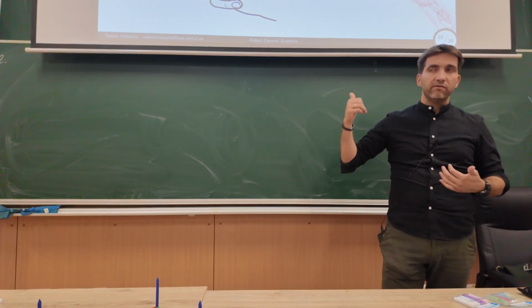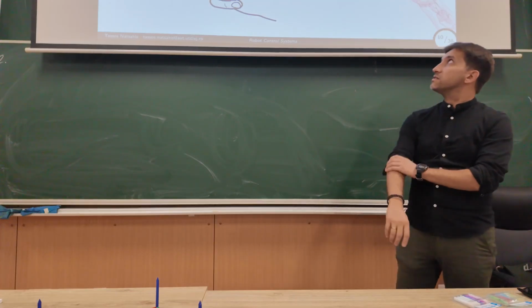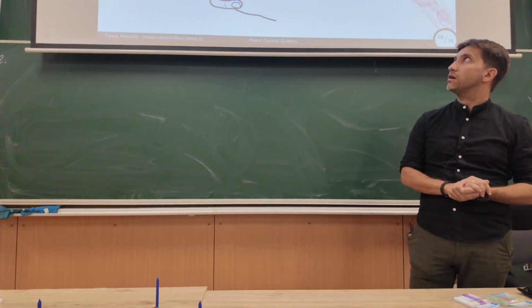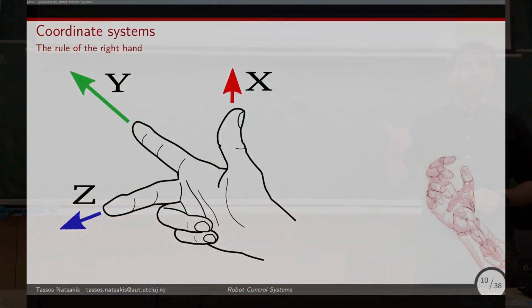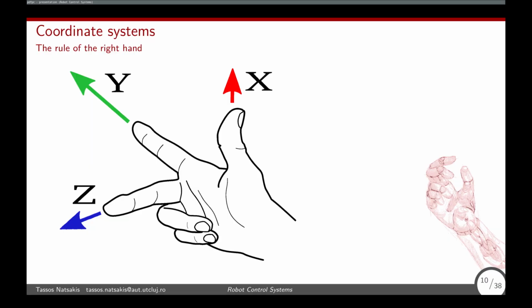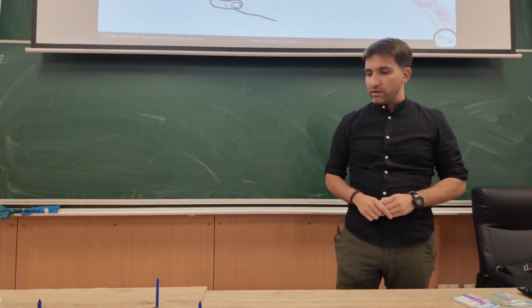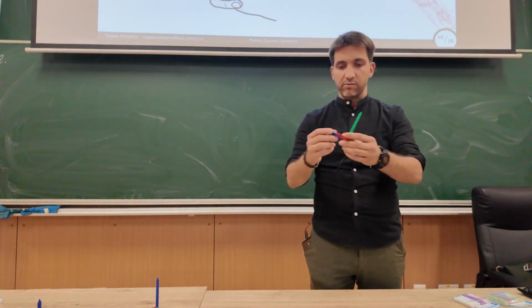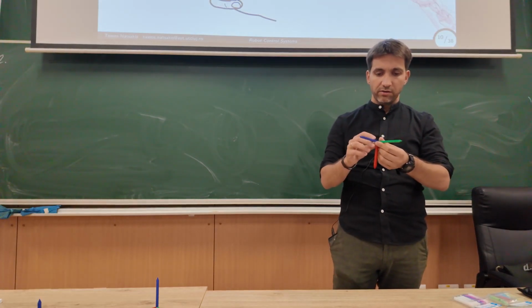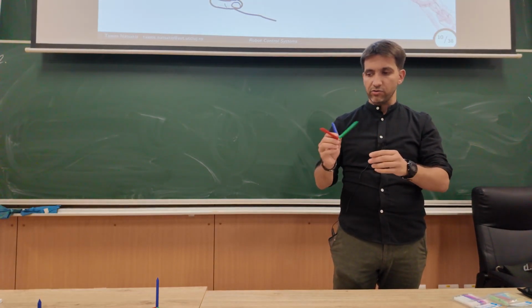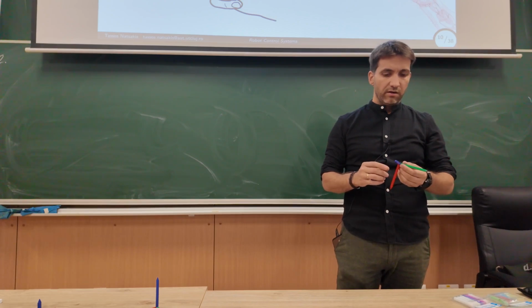A second convention hidden here a bit is the colors that we use. Typically in robotics we use red for x, green for y, and blue for z. That's to make things easier to visually understand immediately what axis is where, right? And you can see them here as well in a 3D printed version. I'll use this during the course and the labs.